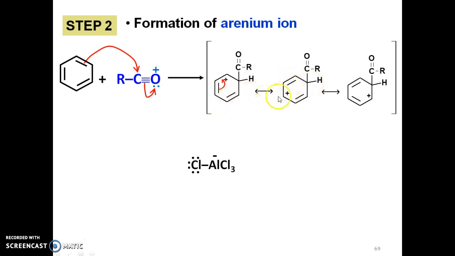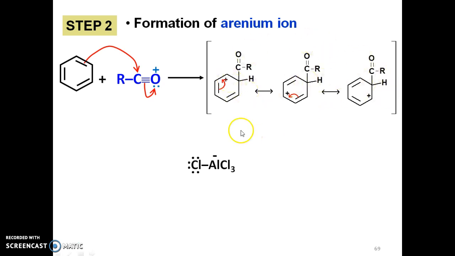This double bond is still maintained, and this C will become positively charged because it has one less bond. Then, to stabilize the structure, this double bond will give the 2 electrons to this side, to this C single bond C, and move the double bond from here to here. And this carbon will become positively charged because it has one less bond.